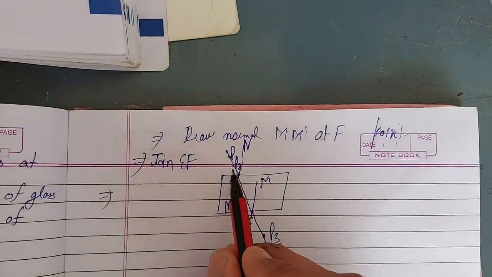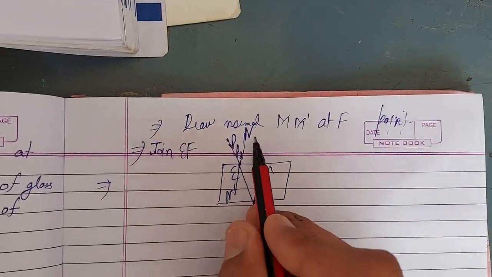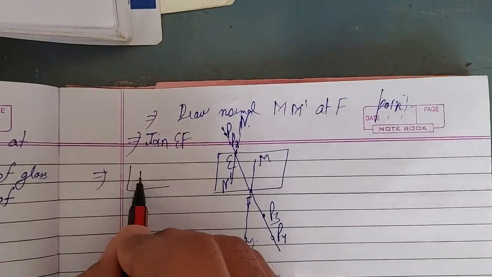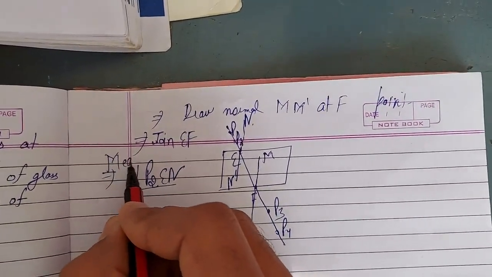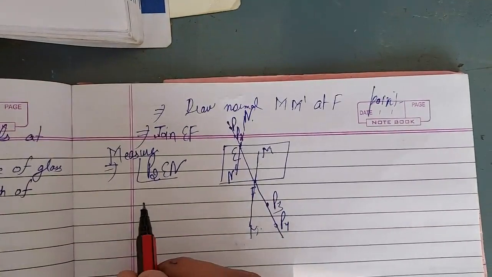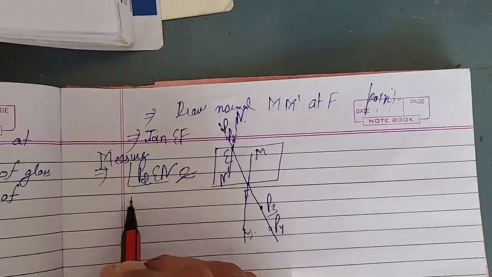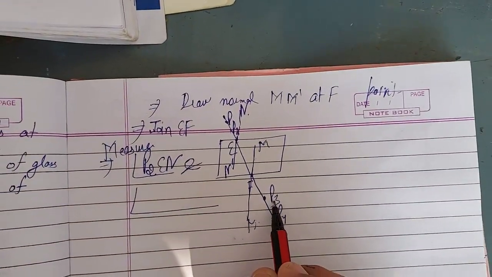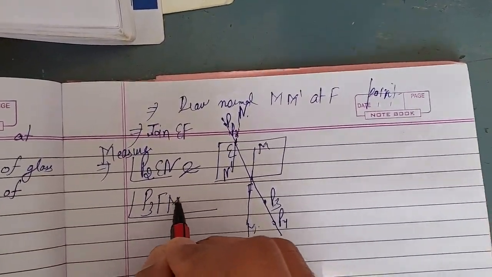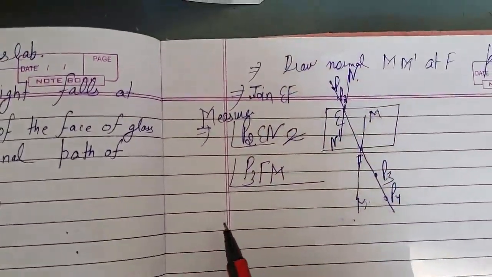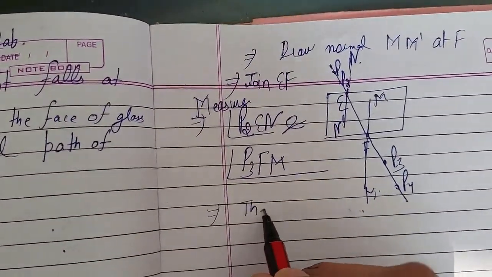Now measure this angle P2EN. Measure it. This is the angle of incidence. And measure P3FM. This is the angle of emergence. They will be equal.